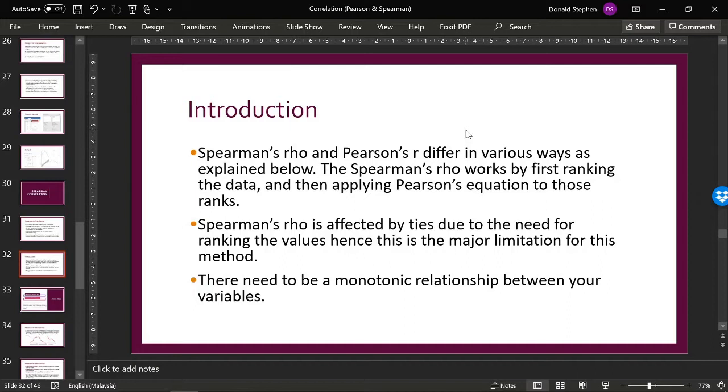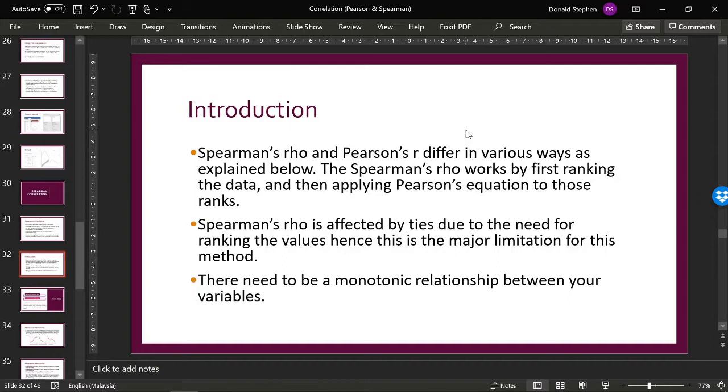The way Spearman works is that it first ranks your data and then applies the Pearson correlation to those ranks. What do we mean by rank? Later, when we look at the example, you will know how Spearman ranks the data before it calculates the coefficient. Spearman is affected by ties, data points that have the same rank.